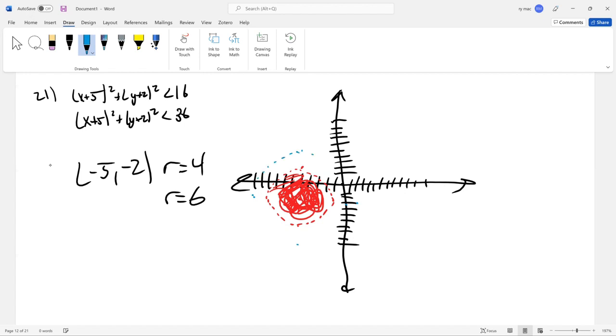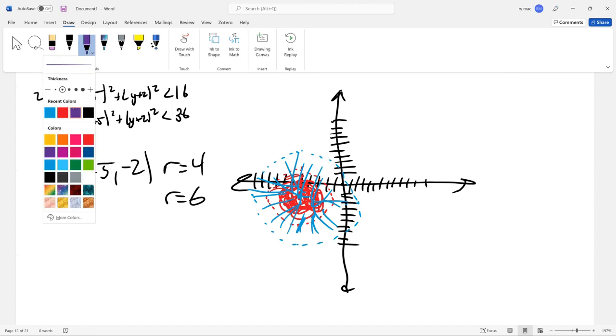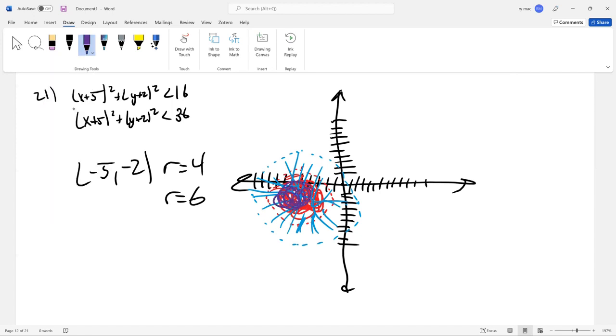Also dotted. But it is also shaded inward. So the only place you get that overlapping is that middle circle. So your middle circle is actually your entire solution set here.